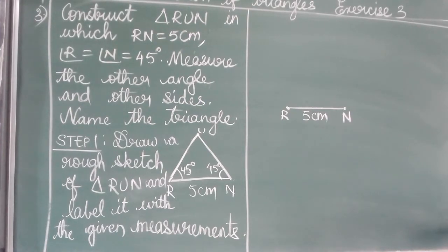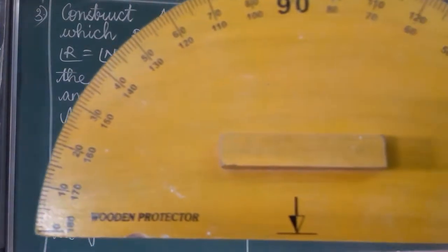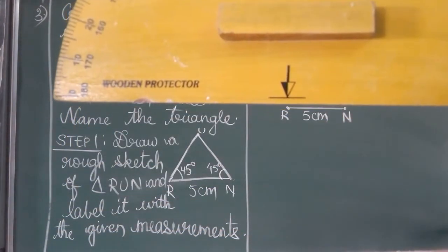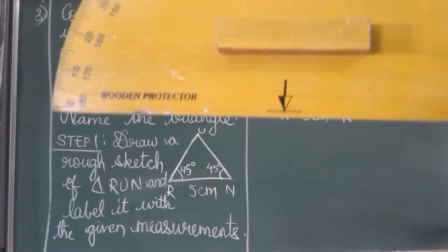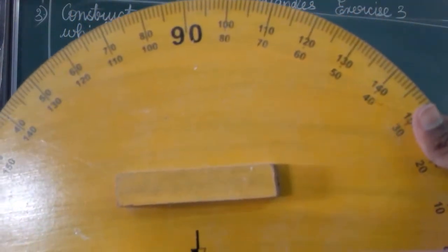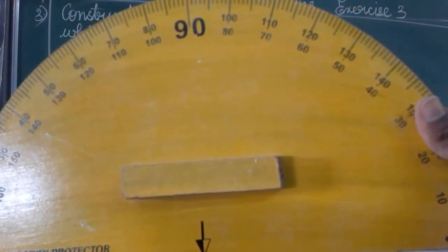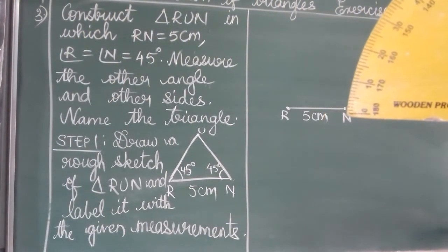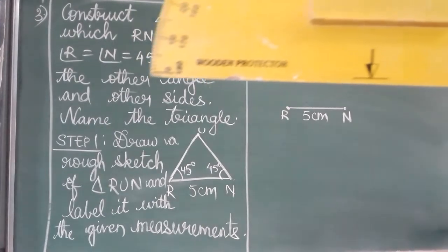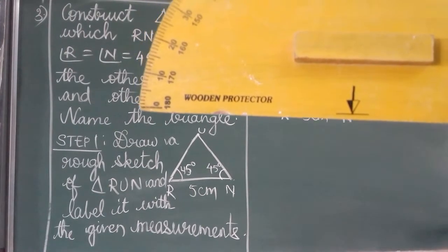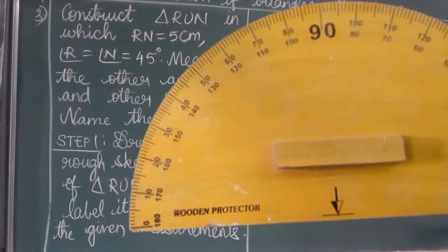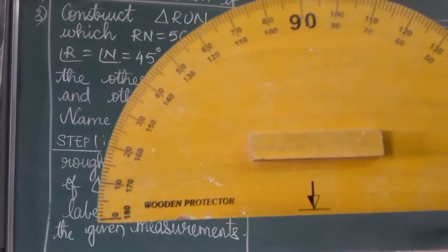Now let us use the protractor. So here's your protractor, and when you use it from R, from this point like this, you are going to see the inner scale, and when you take from N, from this point like this, you are going to see the outer scale and mark the angle at 45 degrees.